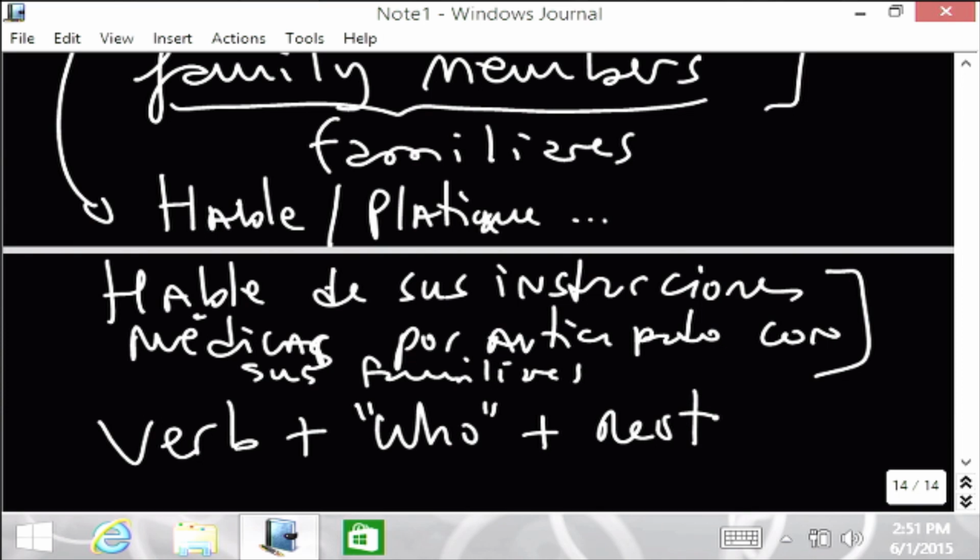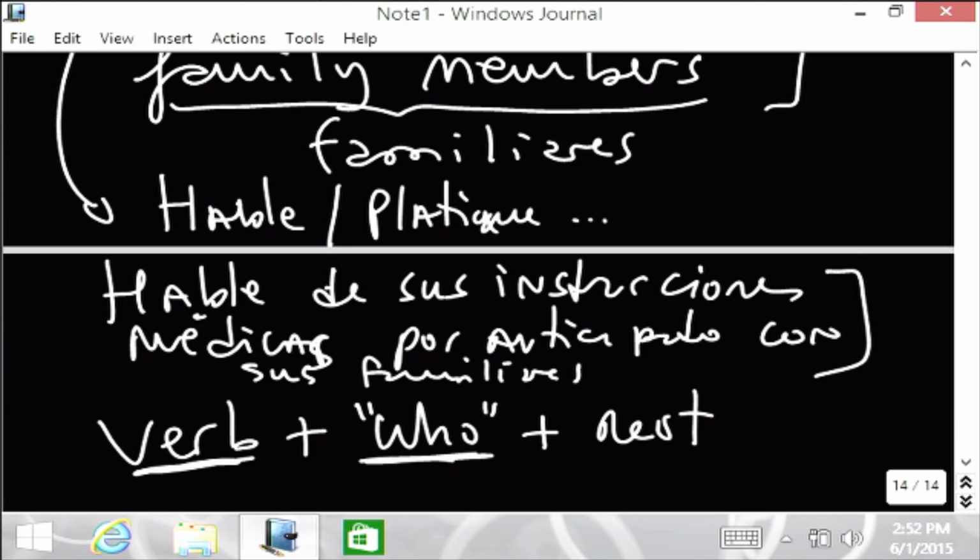So if it says, for example, discuss your grade with the teacher, instead of saying hable de su nota con el maestro, it's better to say hable con el maestro acerca de su nota. It's much more common that way, because Spanish prefers to have the verb and then the individual that verb modifies or is related to right next to each other. We don't want any separation if at all possible.